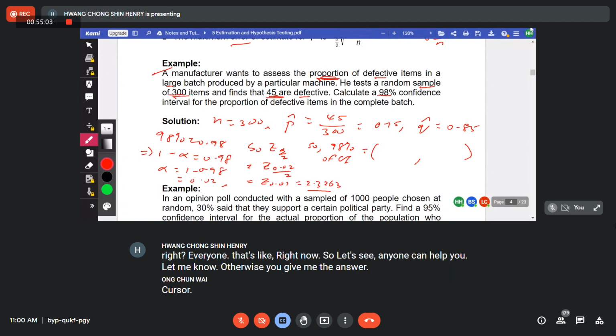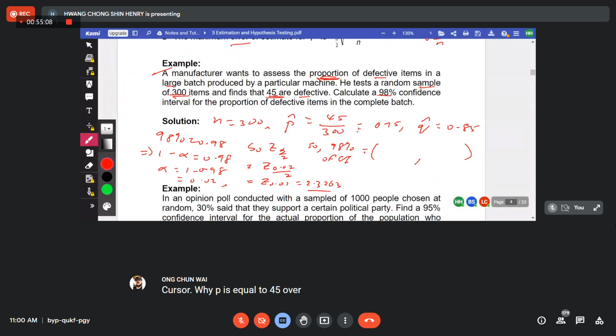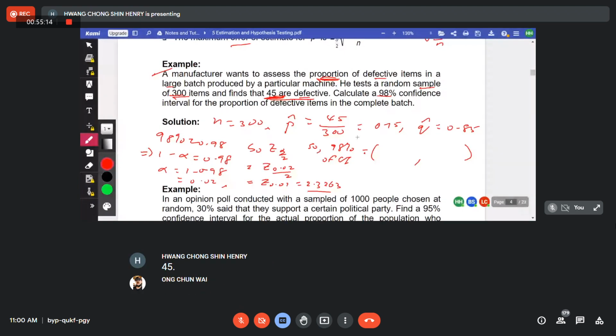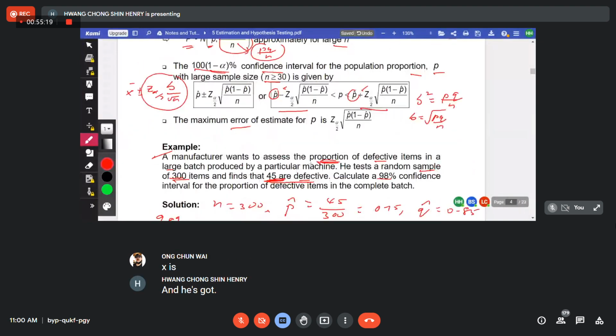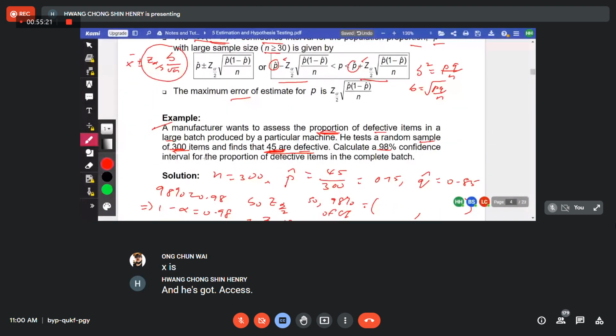Sir, p hat is equal to 45 over 300. Why 45 and x given here? I thought p equals x over n. Yeah, x over n. X is 45, n is 300.